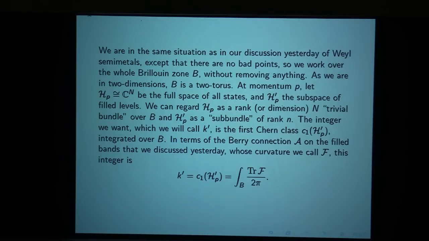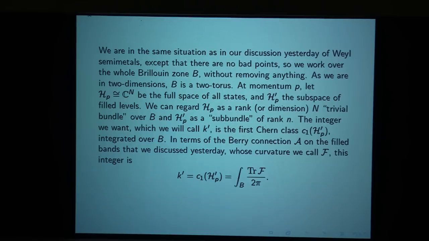So TKNN introduced this integer in band theory. I've whipped through it because you heard it from Charlie yesterday, but also I essentially explained the relevant concepts here. Yesterday we defined an integer integrated over a 2-sphere around the bad points. But today there are no bad points, and we're defining the same integer integrated over the whole Brillouin zone.